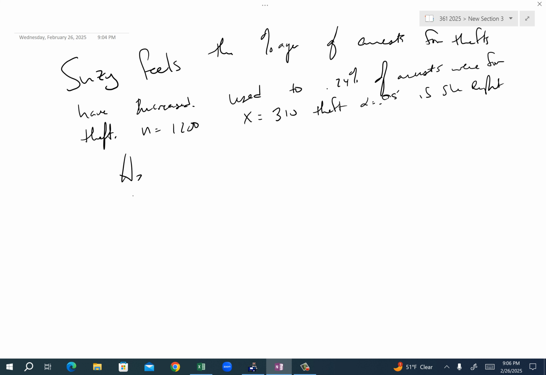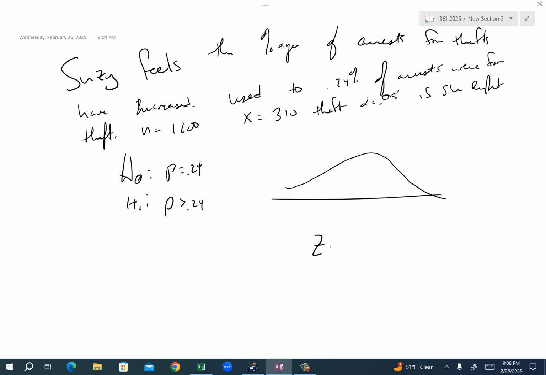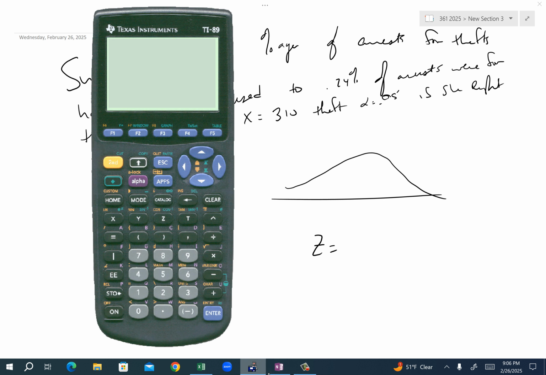I don't know. Again, z equals, now 310 divided by 1,200, that's my p hat.